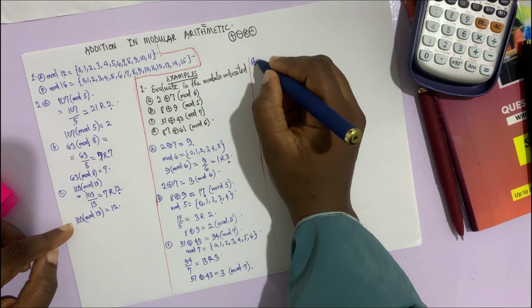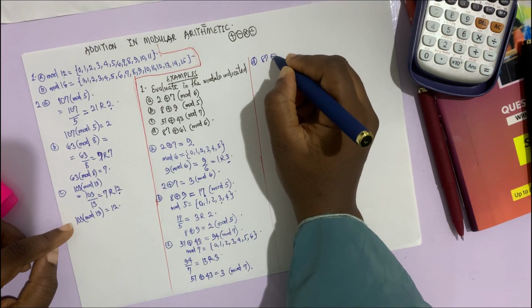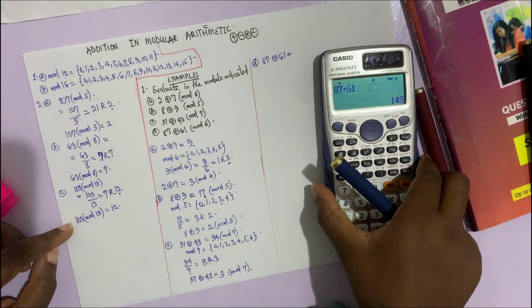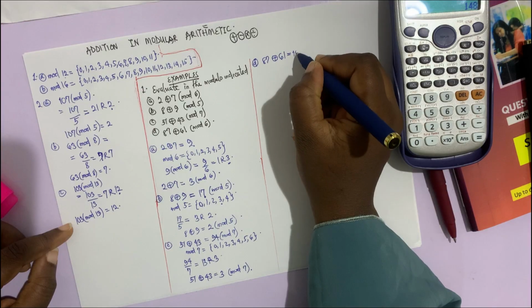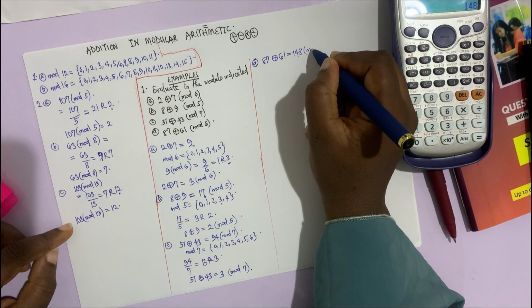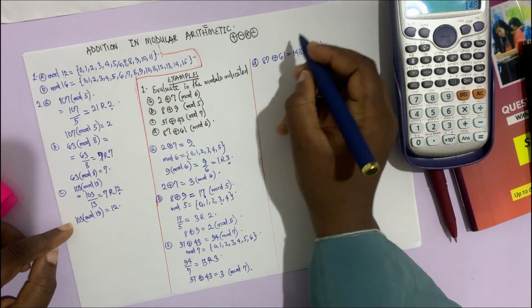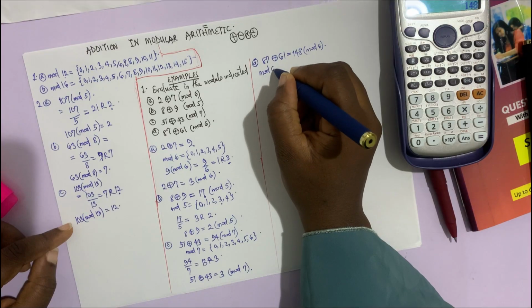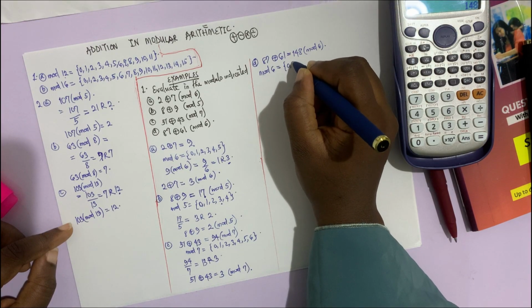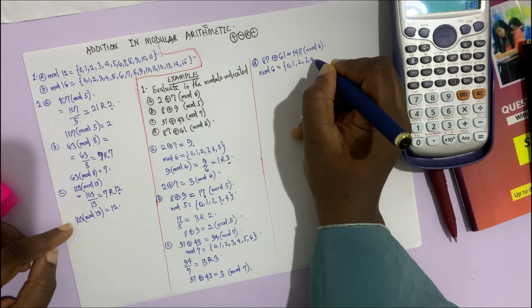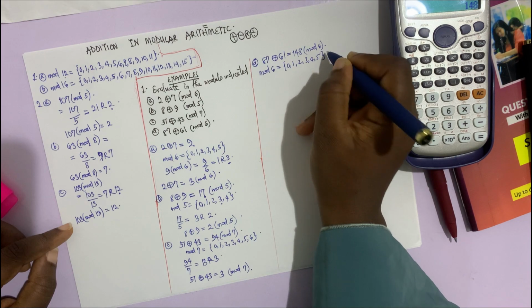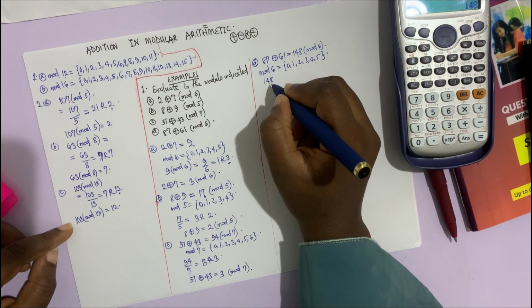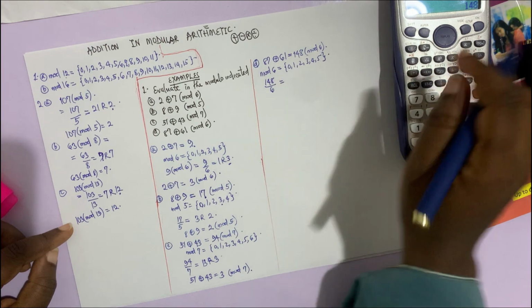For our question D, 87 plus 61 will give us 148. 148 is not a valid mod 6 residue, because the residues for mod 6 are 0, 1, 2, 3, 4, 5. So to convert 148 to a valid mod 6, we have to divide by 6.